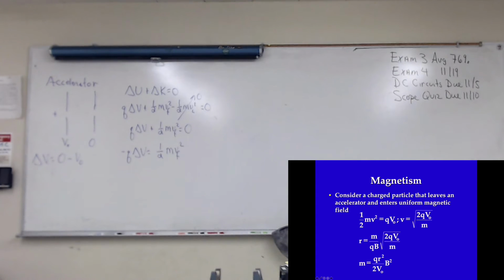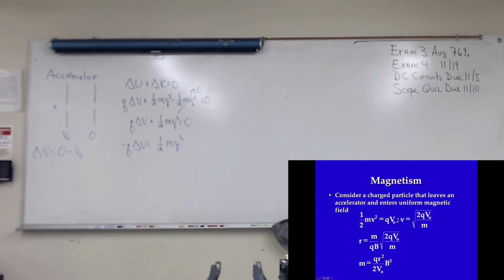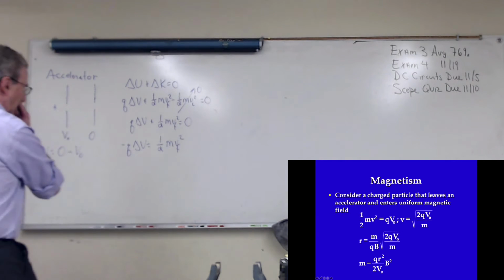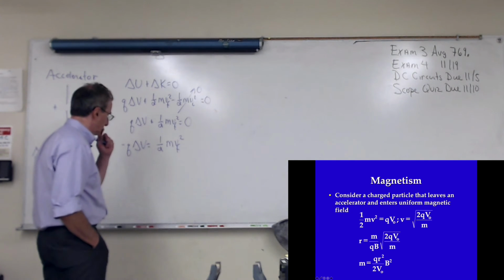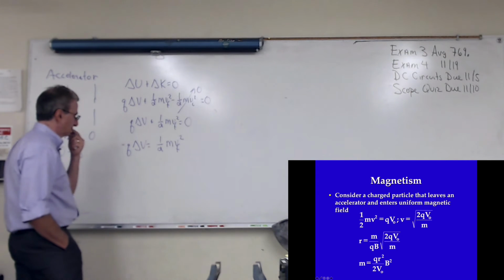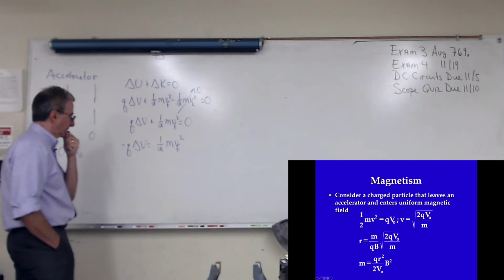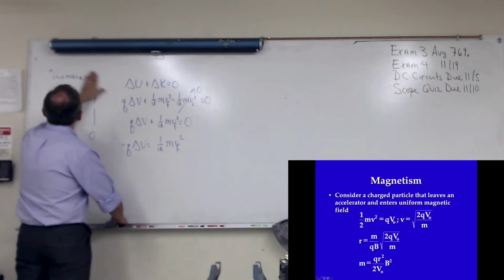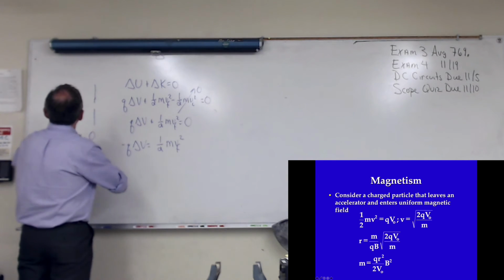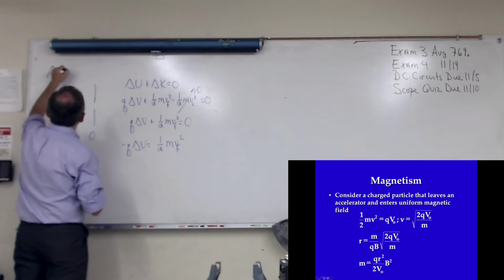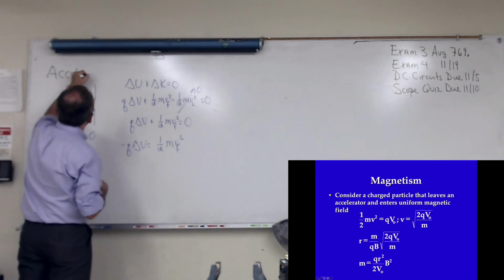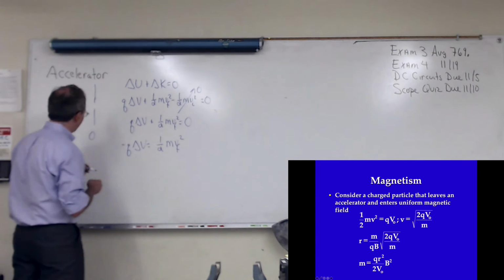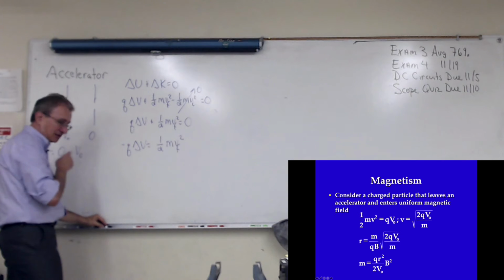A little bit blurry on the left. Okay, that's what I see too. Okay, I'll try to use a dark marker. I hope this is dark enough. I can see all the equations fine, but the accelerator is just a tad blurry. Is that better? Yeah. Okay.